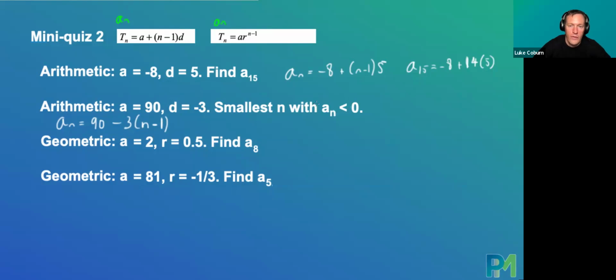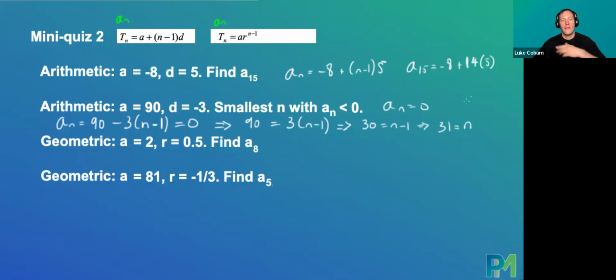And we're going to ask, what's the smallest n with a_n less than 0? What I'm going to do is just set a_n to be equal to 0 and see what value of n will give us that. So 90 is equal to 3 times n minus 1. So 30 is equal to n minus 1. So this tells us that 31 is equal to n.